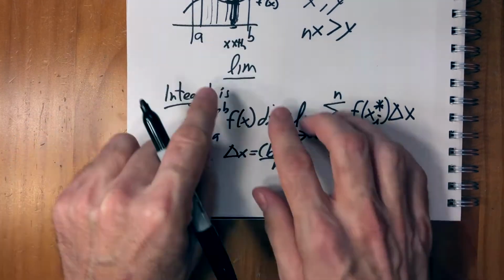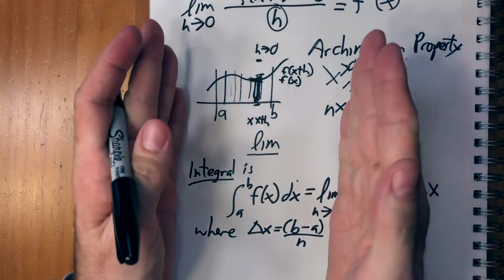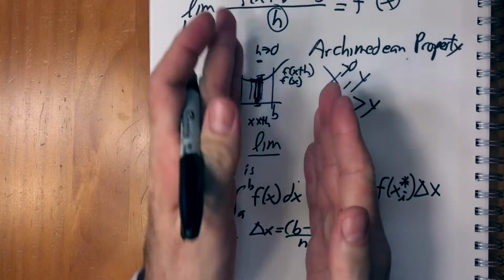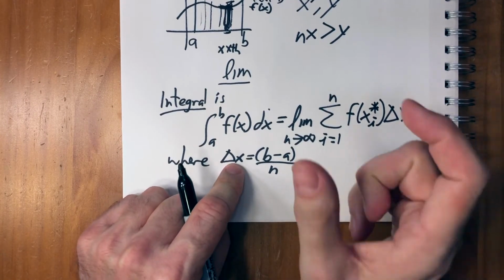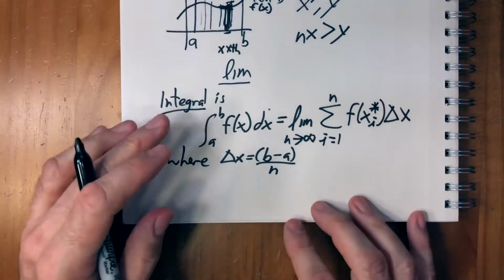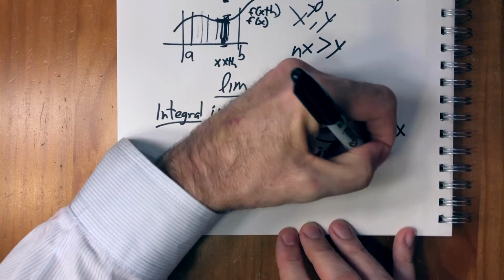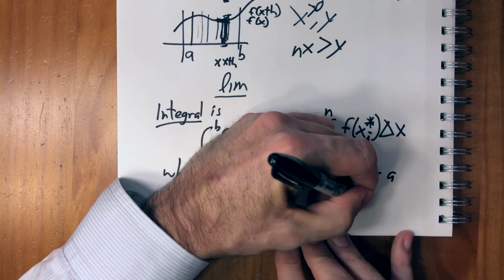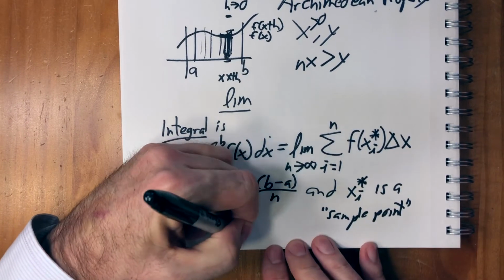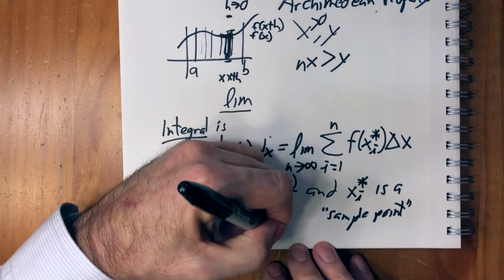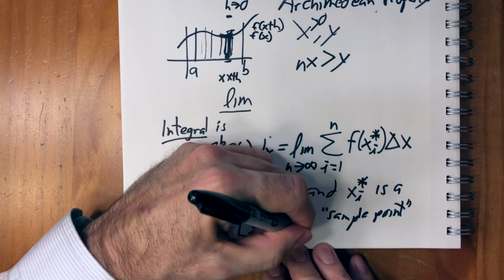So this means you're taking this interval and dividing it up by bigger and bigger numbers. So the slices are getting smaller and smaller. So this is the width of one of those intervals as n gets bigger. And x star i is a sample point lying within the interval of x sub i minus 1 and x sub i.